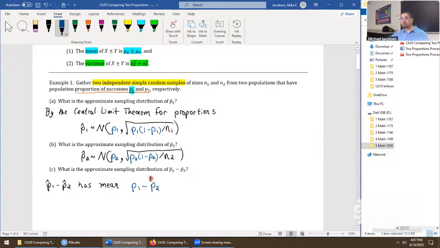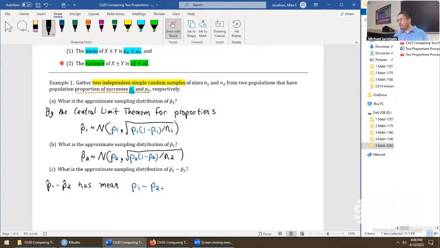And this part is directly the same as what we did before. It's just P1 minus P2 instead of mu1 minus mu2. But then some really interesting changes do occur here. One of the reasons we do this kind of short exercise is to see what happens to the standard error. Standard error gets a little bit more complicated in this section. And we can see why once we go on to the next stage, dealing with the variance.